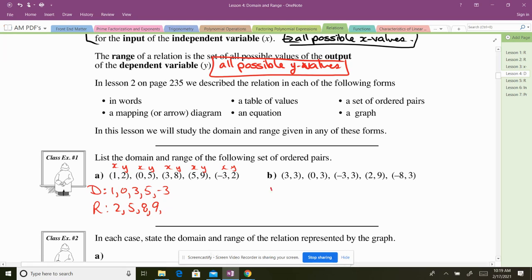Okay. Tell me the domain and range for B. No, write them down. I'll write the answers down in a second. Please. You don't have to write it.